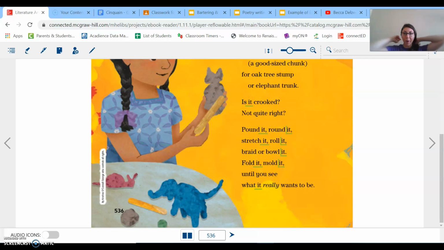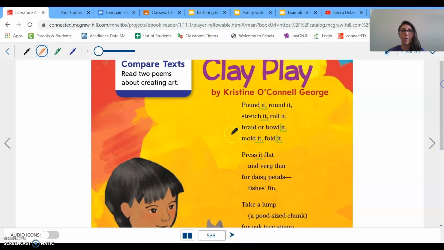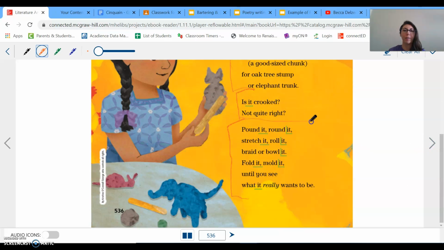Okay, let's talk about lines and stanzas. I want you to take a look at stanza number 1, 2, 3, 4, 5. We're going to take a look at stanza number 5.